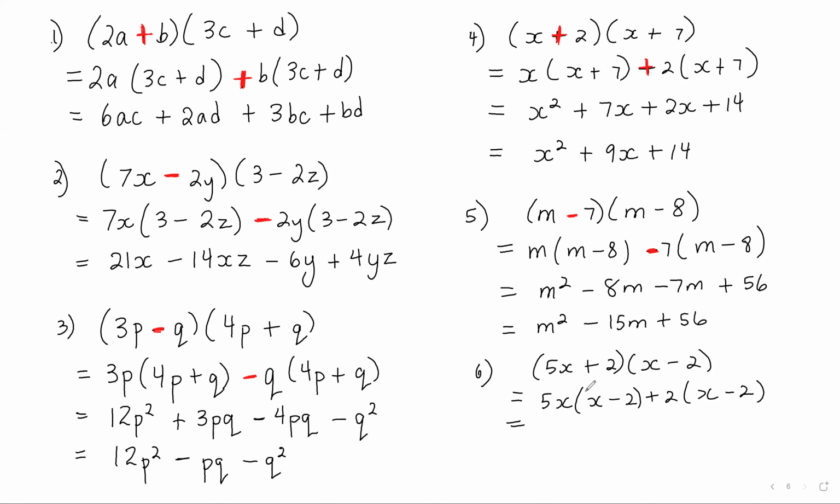So I end up with 5x times x, which is 5x squared. 5x times minus 2 is minus 10x. 2 times x is 2x, and 2 times minus 2 is minus 4. So finally, this answer would be 5x squared, minus 10 plus 2 is minus 8x, minus 4. And that's the final answer.